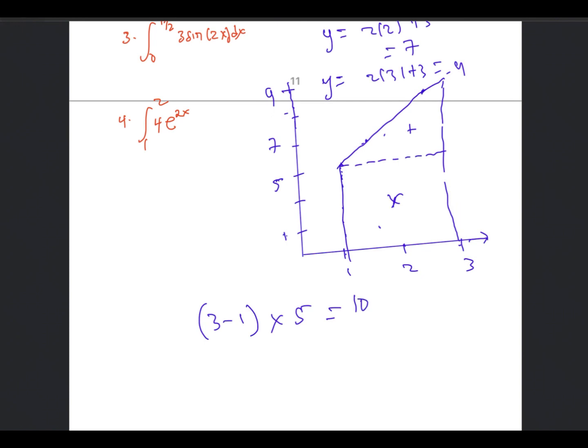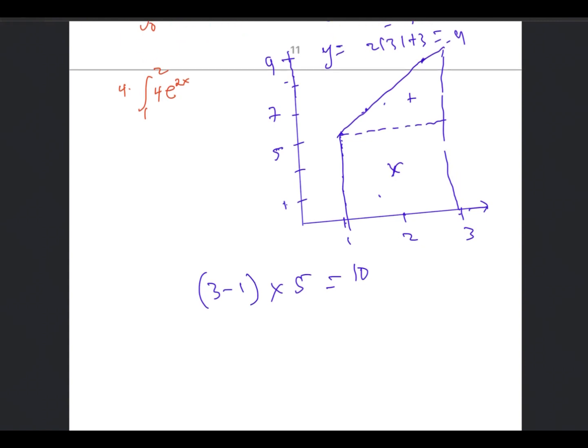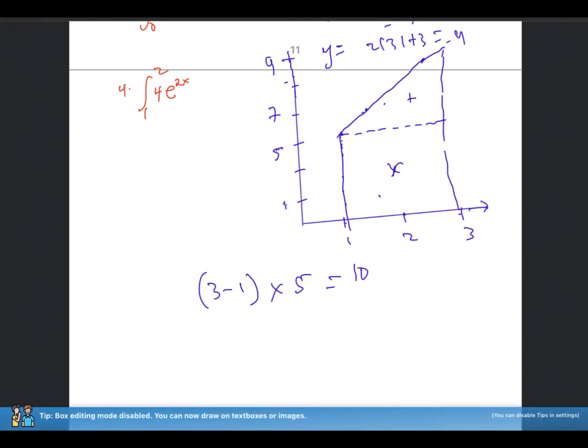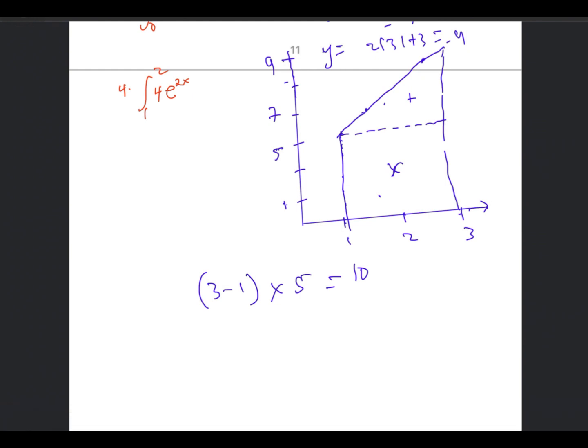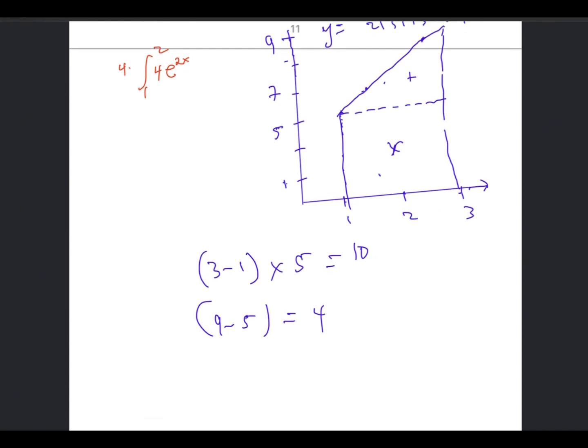For the triangle, when we put 1 inside here, we get 5, and when we put 3 inside here, we get 9. So 9 minus 5 gives us 4.